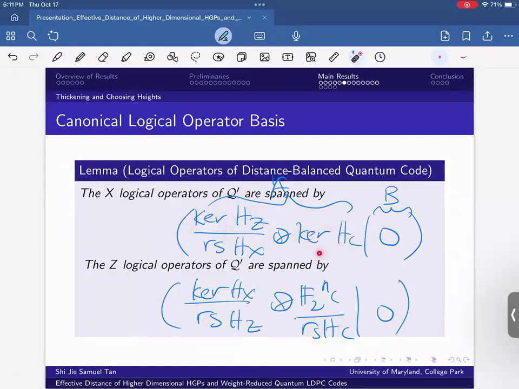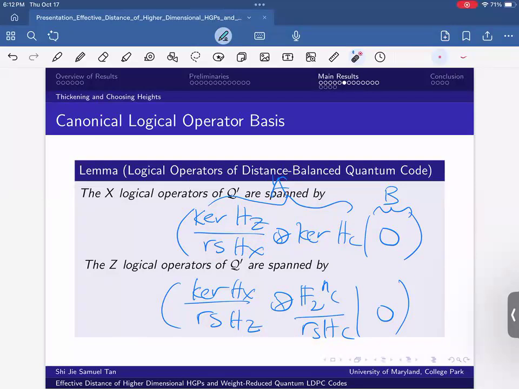And the kernel of HC is just the classical code's logical operators. So you can think of this as the rows for each column have to look like a logical operator in the first place. And then you have to duplicate it across the columns such that the column indexes match the classical codeword of the classical code.